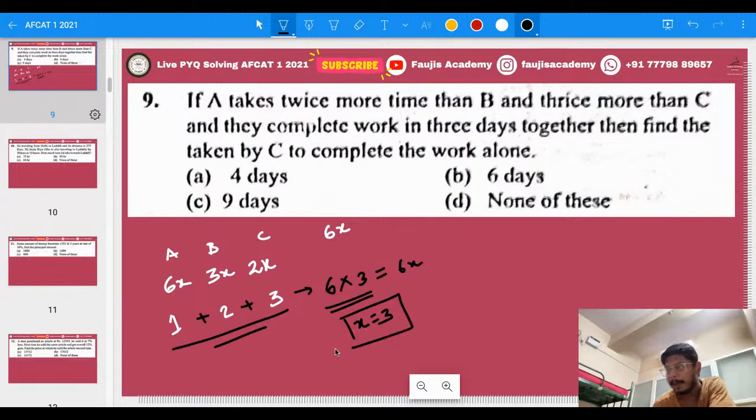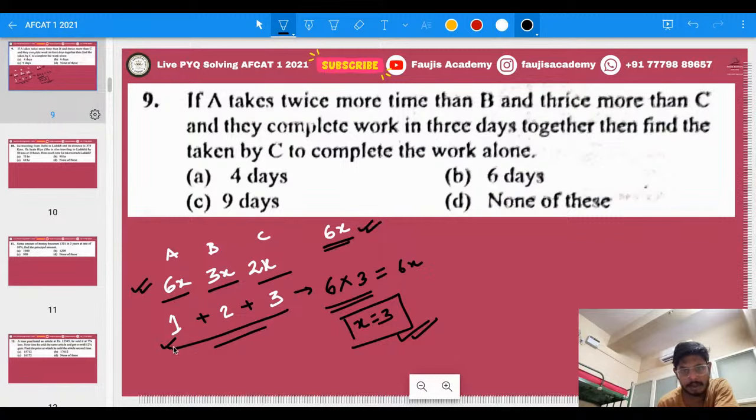x is 3. Stick around, guys, we'll finish it off before 1 o'clock. If x is equal to 3, what we have done is just written down some numbers over here. A is taking 6x time, C is taking 2x time, B is taking 3x time. The LCM of this is 6x, so this is the total amount of work we have assumed.